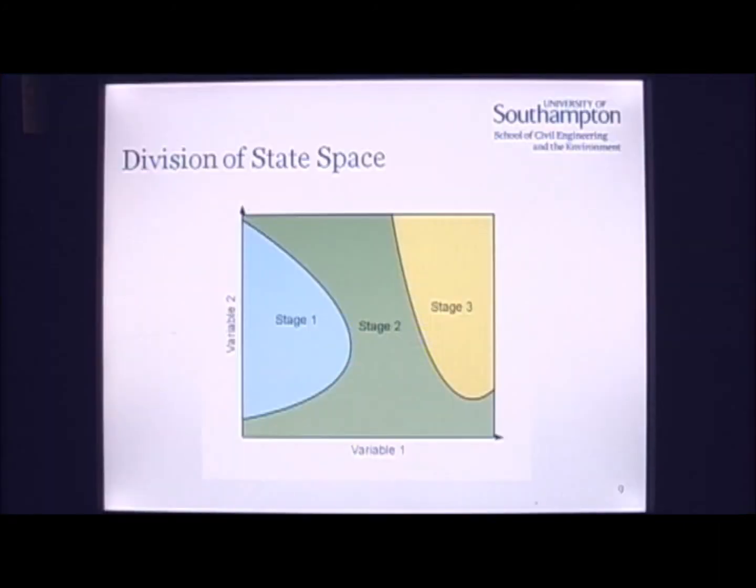Okay? Now, there's quite a nice little way we can visualize what this algorithm's doing if we consider a very simple situation with just two variables in our state. Every possible state that can be existing on the road is defined as a point somewhere in this two-dimensional space. And for every point, there is a corresponding stage, which is the decision that that control algorithm would select for that point. So I've done 3 stages here. The number's arbitrary.